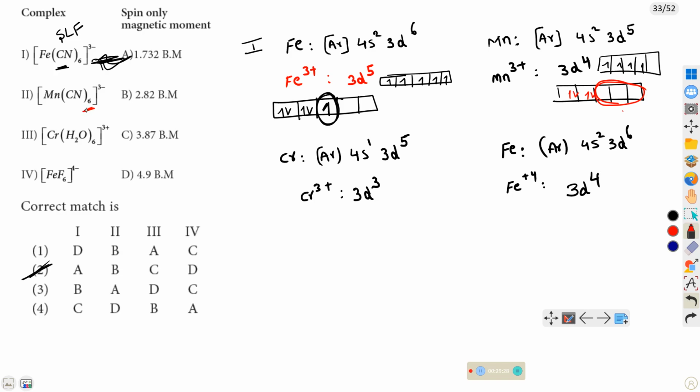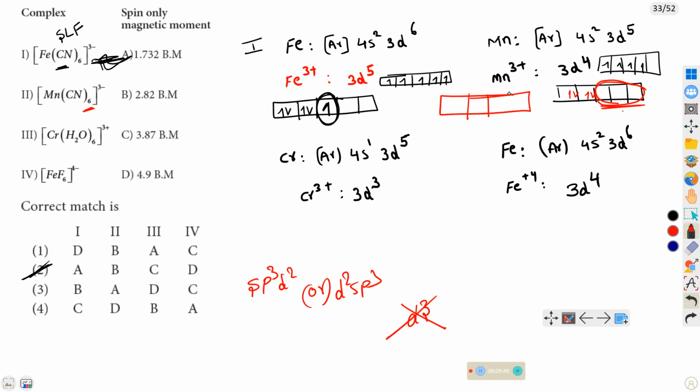With 6 ligands, possible hybridization is either sp3d2 or d2sp3. So regrouping takes place like this. It undergoes d2sp3 hybridization. 2 unpaired electrons are present. So 2B.